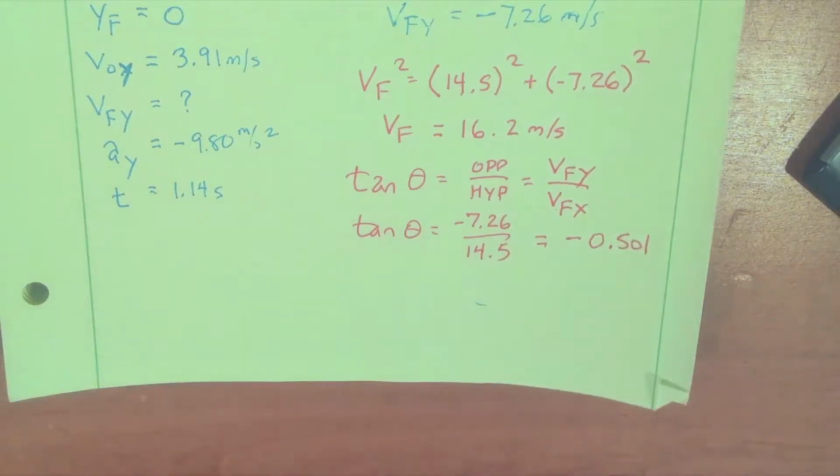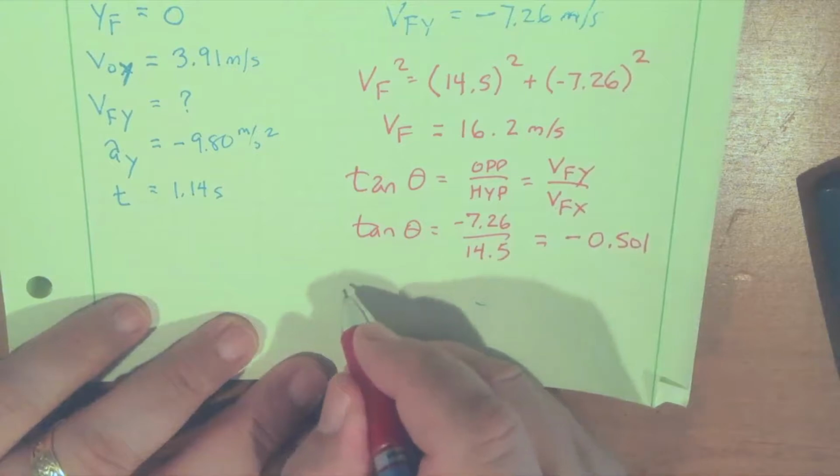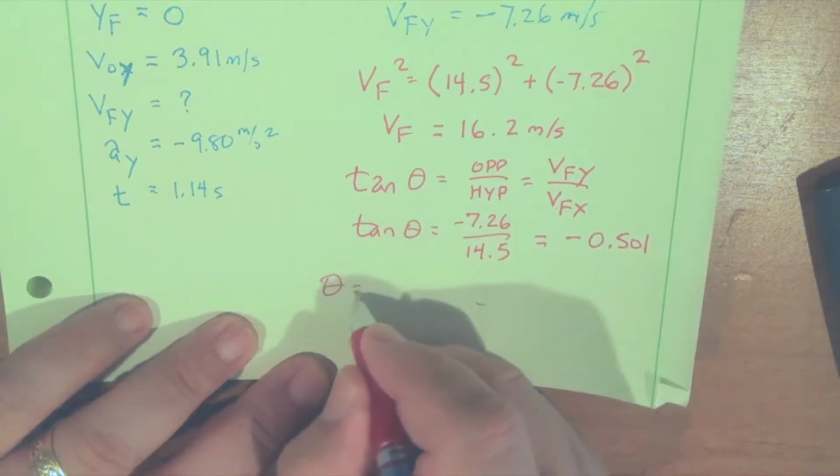Now that is not the angle, that is the tangent of the angle, and so you must use the inverse tangent function to find the angle theta.